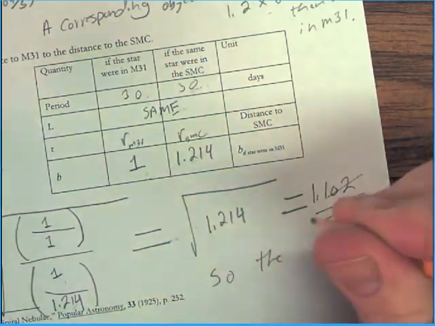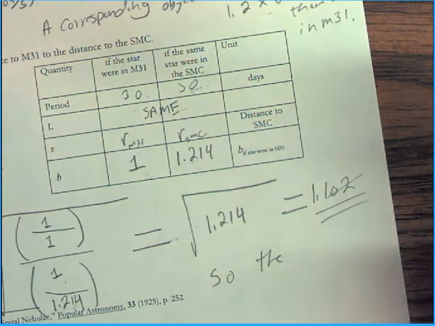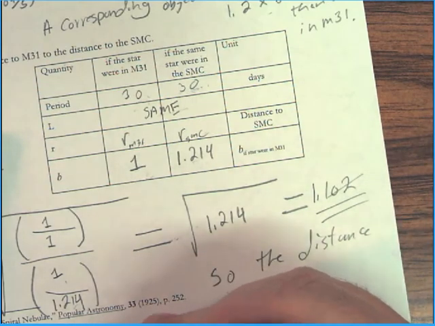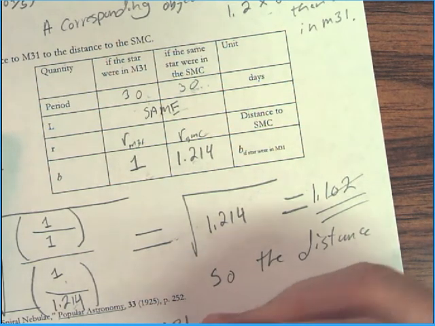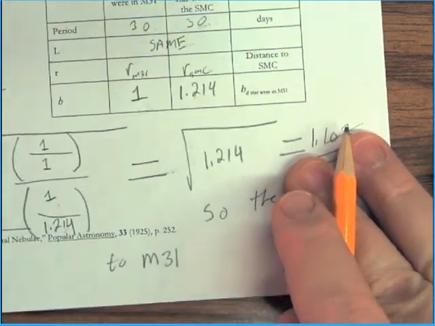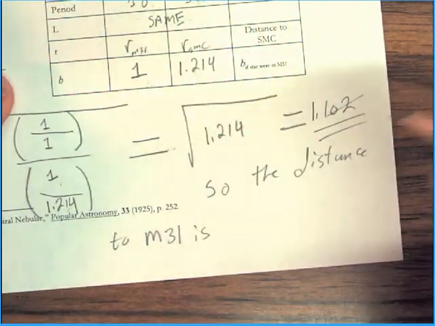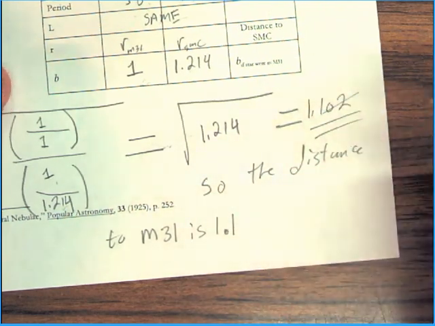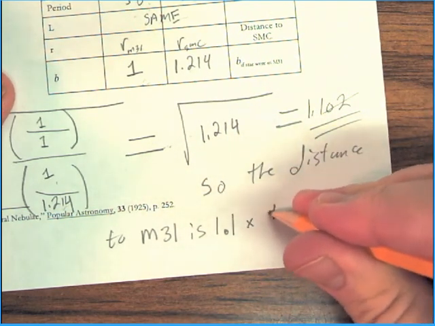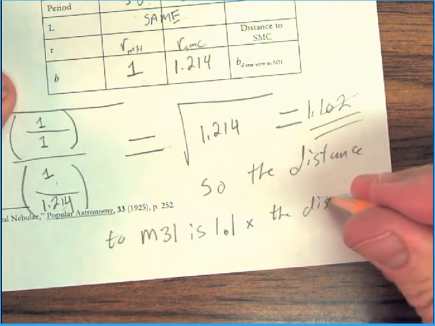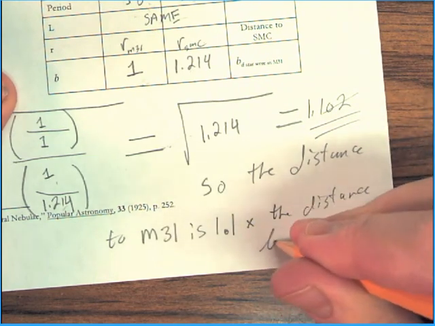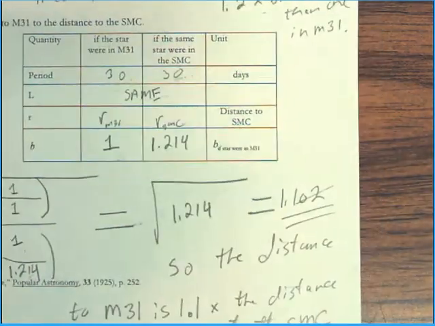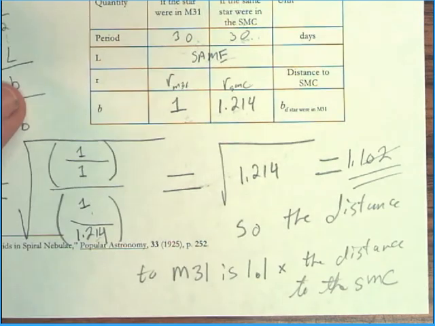So the distance to M31 is 1.1 times the distance to the SMC. And there we have it.